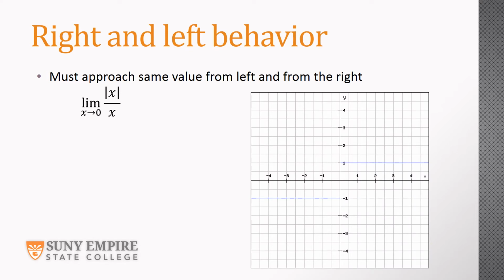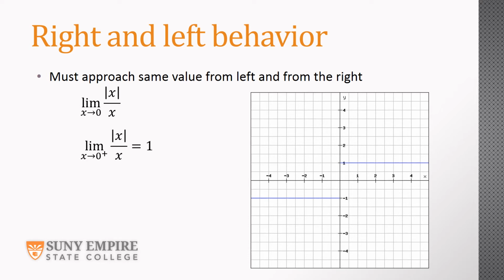We realize that for positive values of x, the function will equal 1. When x is negative, the absolute value of x divided by x will equal negative 1. Looking at the graph of the function, we have a horizontal line at positive 1 for positive x values, and a horizontal line at negative 1 for negative x values. But what does this mean for the limit as we approach 0?